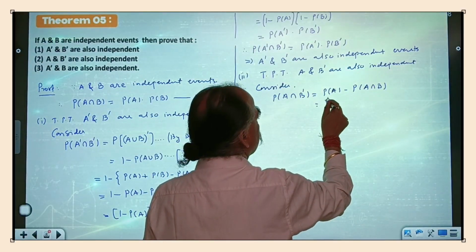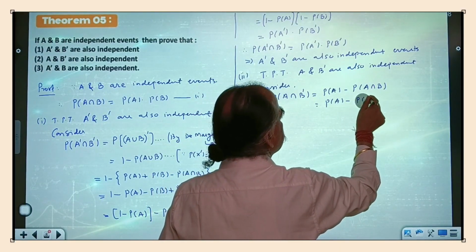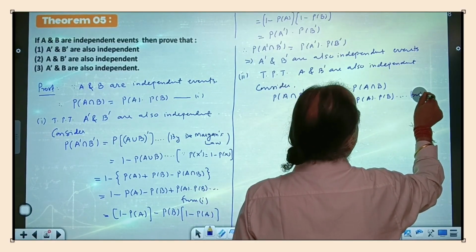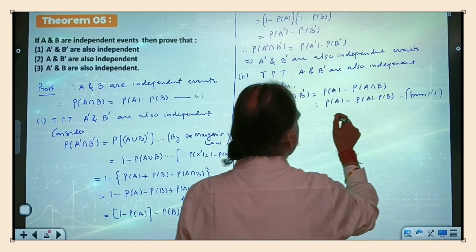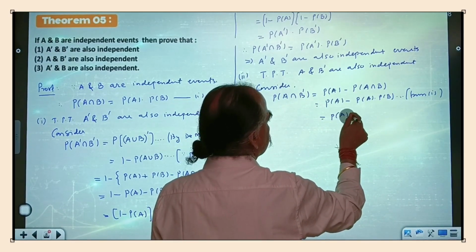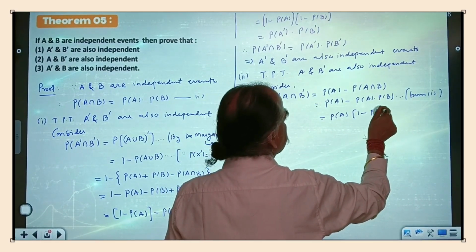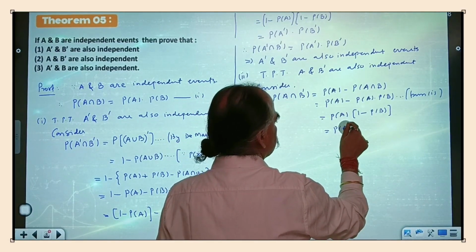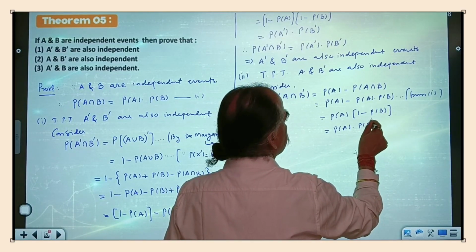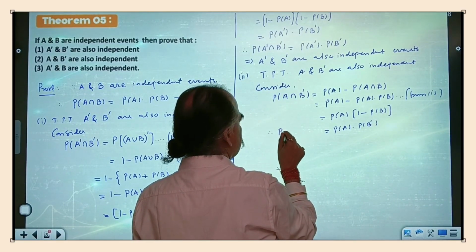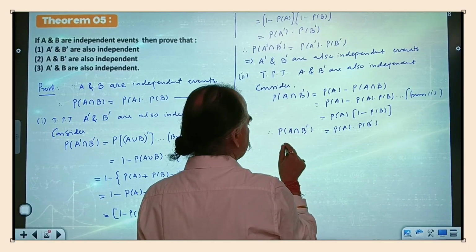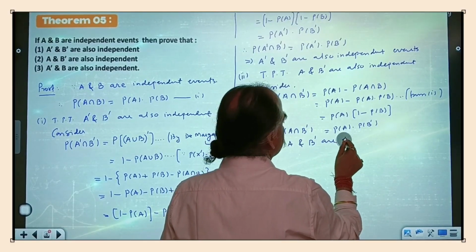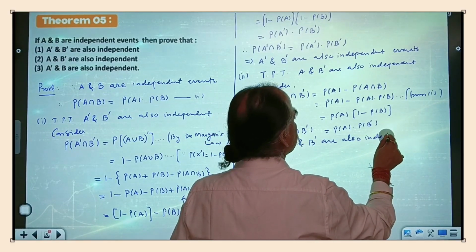P(A) minus P(A) into P(B) from 1. P(A) common, 1 minus P(B), and 1 minus P(B) is what? P(B complement). This implies A and B dash are also independent.